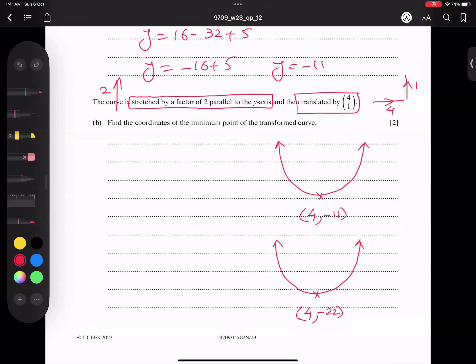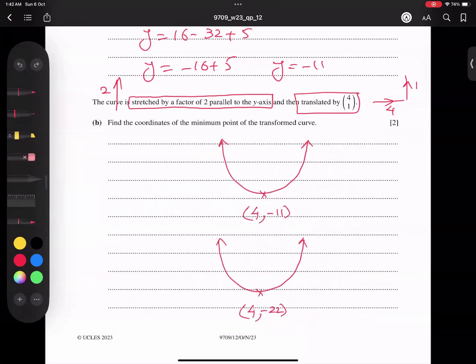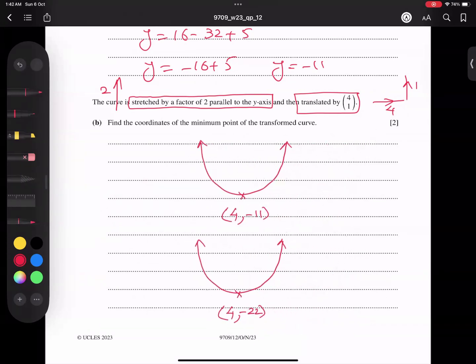I hope it is clear. So this will stretch, but x remains unchanged, because in a stretch parallel to the y-axis, x remains unchanged. And now this translation 4, 1: 4 rightwards and 1 upwards. So actually what is happening? First it's going to this diagram, and now it's going to this diagram.